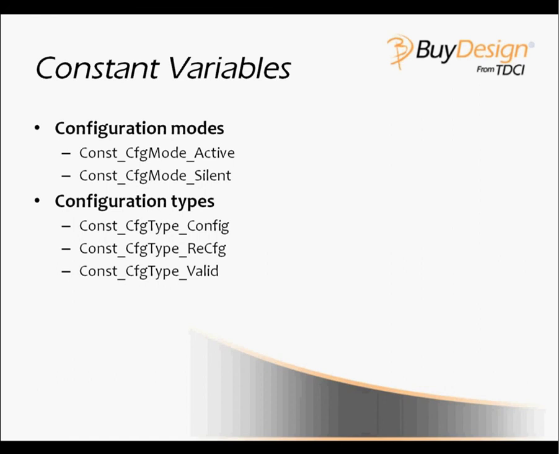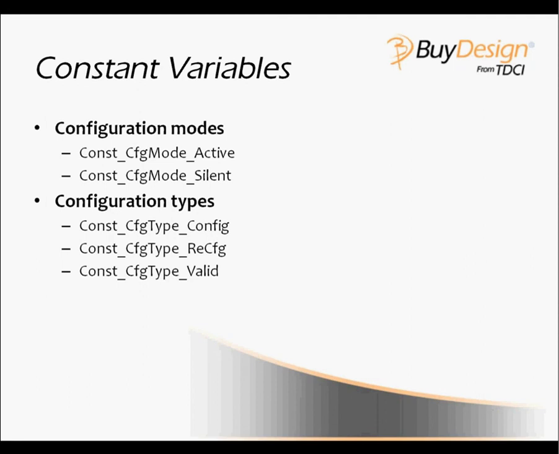The next constant variable that I'm seeing there is the configuration types. This is my initial configuration, reconfiguration, and my validation. Again, we're going to go back to that system variable for config type. Those are characters, 0, 1, and 2.